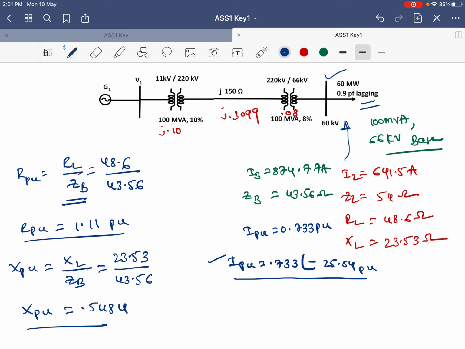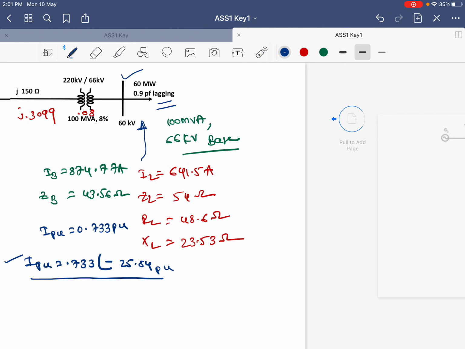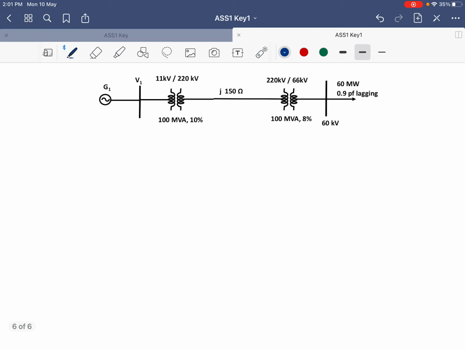With the same values you can draw the reactance diagram for the system. Just look into that. Here we can draw the reactance diagram directly.